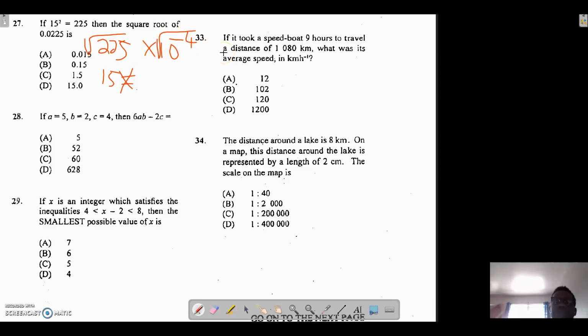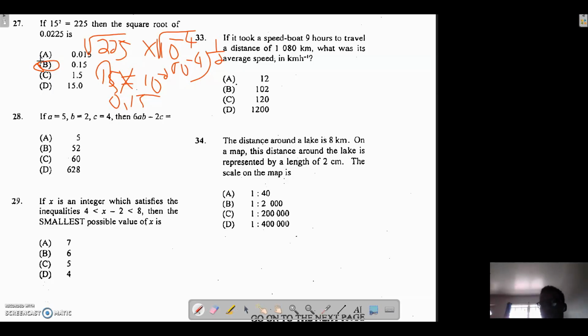So I could say 10 to the negative 4 raised to a half, which is 10 to the minus 2, because half of negative 4 is minus 2. So it would be 15 times 10 to the minus 2, which means you're going 2 places back. So 1, 2, which would be 0.15, which makes the answer to question 27 option B, as in boy.